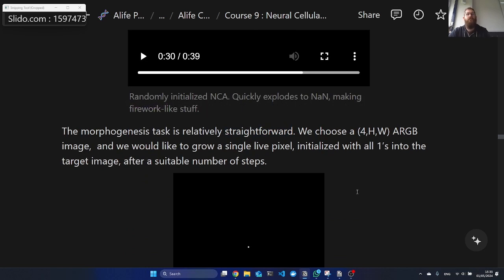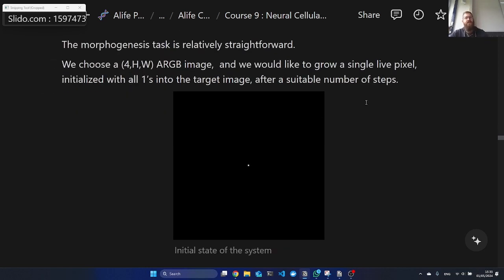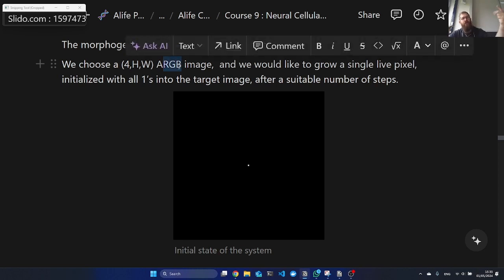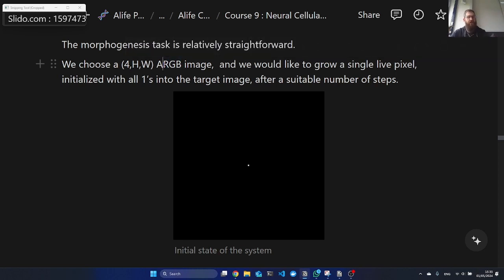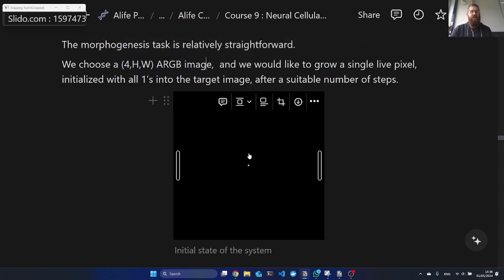Okay, so we said we want to do morphogenesis. The task is very simple. We start with an image, which has red, green, and blue, and also the alpha, the transparency. And we would like to grow into this image starting from this initial condition: everything dead except for a pixel in the middle.